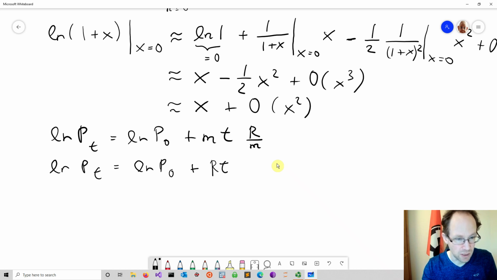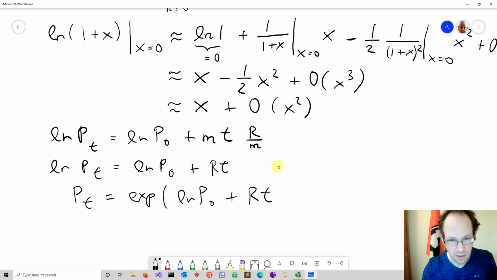The e function is the inverse of the ln, so that would simply cancel, and you get pt equal to exp of ln p0 plus rt, and that simplifies to p0 e to the power of rt. And this is exactly what we want.